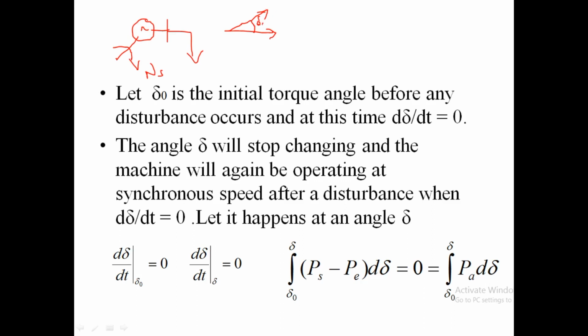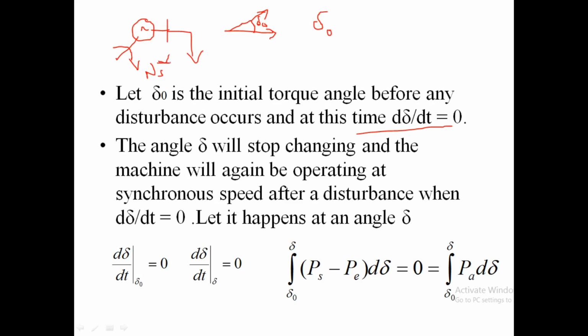So delta 0 was the first value, the initial angle, the initial load angle or torque angle. Before any disturbance occurs, there was no variation in delta because delta 0 was constant, and this machine is rotated with a speed ns.